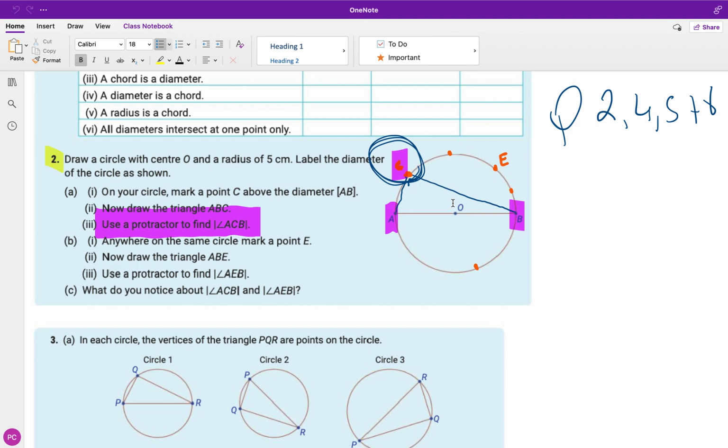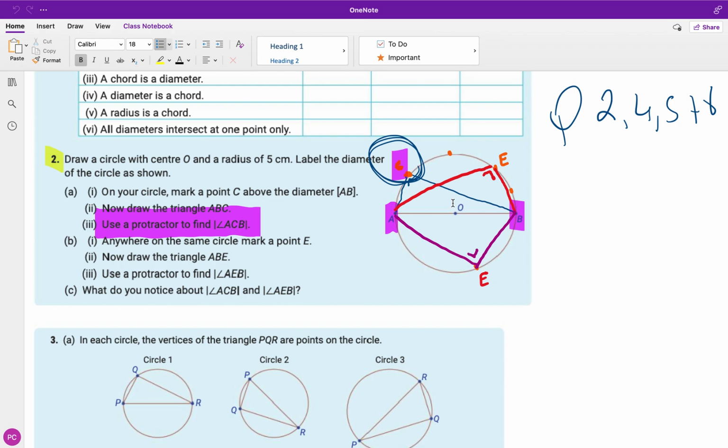And I'm going to draw another triangle. So I'm going to start from here, go to E, and go all the way over as far as E. So I've just drawn another triangle within the same circle. And if I use my protractor to find the angle in here, that's also going to be 90 degrees. If I decided that actually I wasn't going to use that point, I was going to use this point down here, and I decided to draw my triangle like this, doesn't matter, that angle in there is always going to be 90 degrees.